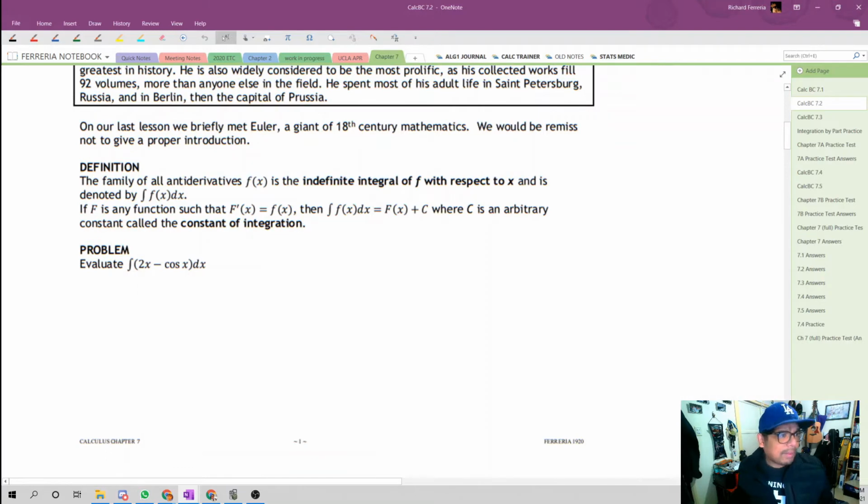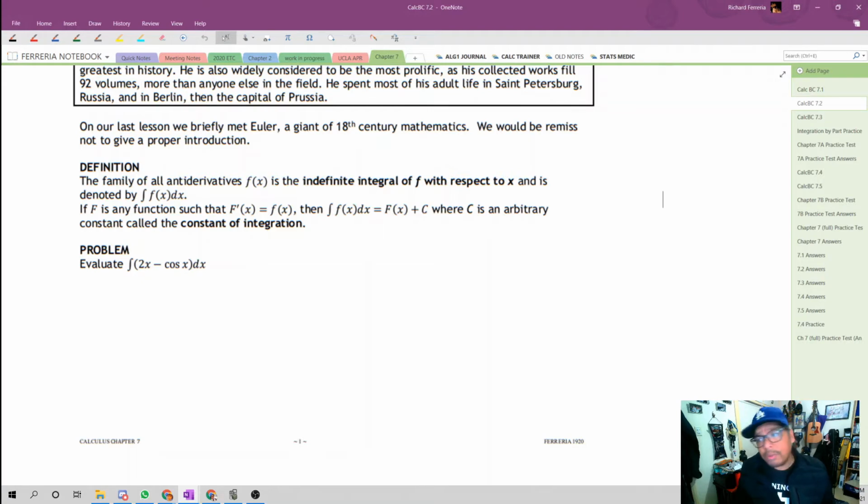So, the family of all antiderivatives of f of x is the indefinite integral of f with respect to x, and that's denoted by the integral of f of x. So, if f is any function and F prime is equal to f, then the antiderivative of f of x is going to be that antiderivative plus the constant c.